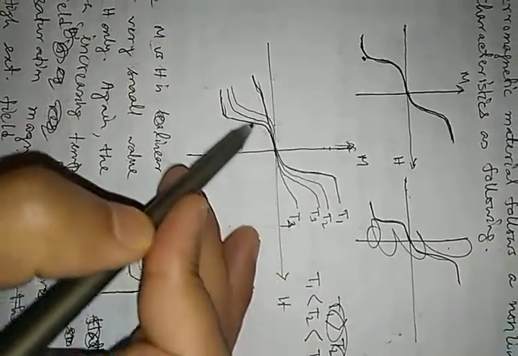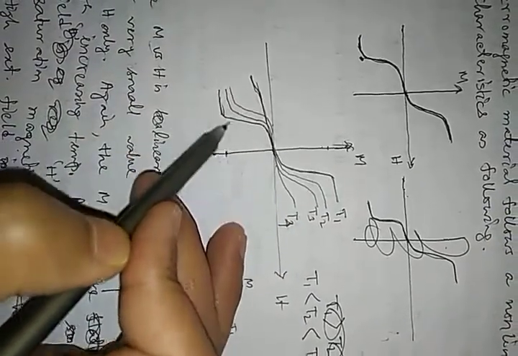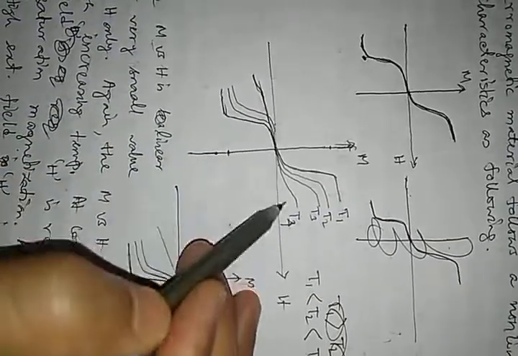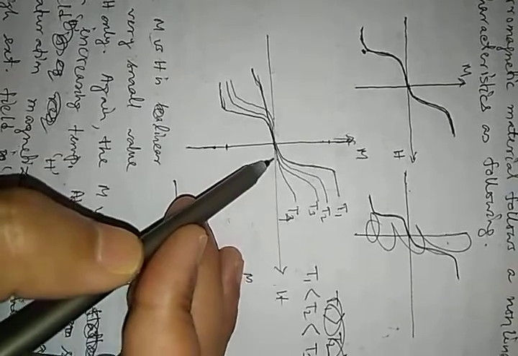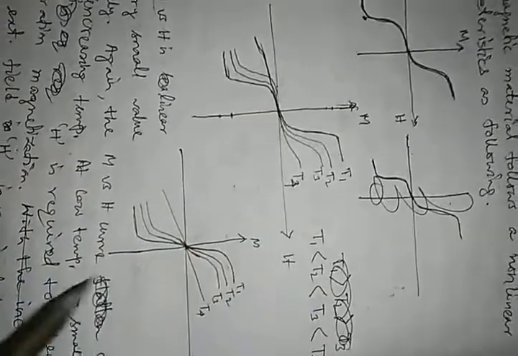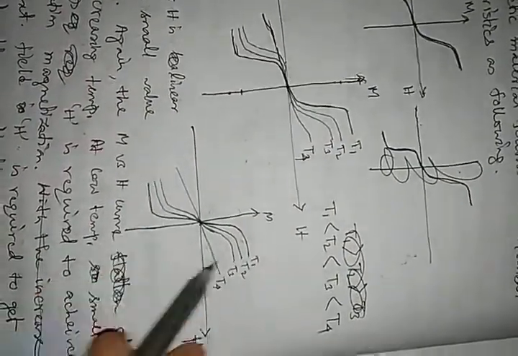This nature will change, and after a certain temperature it becomes a straight line, which looks similar to a paramagnetic material. So after a certain temperature this response will change and it will behave like a paramagnetic material.